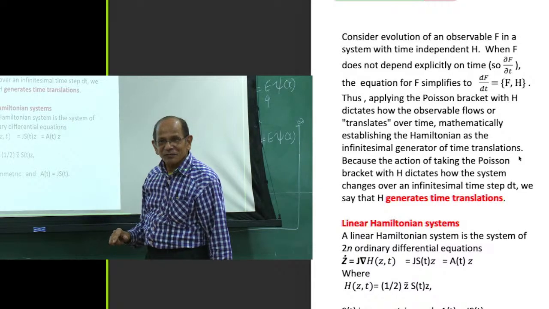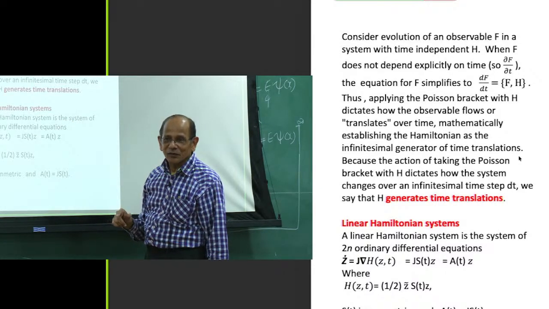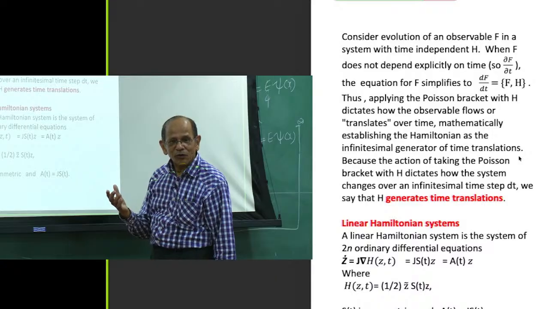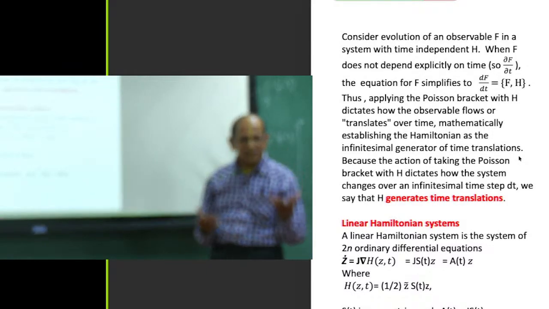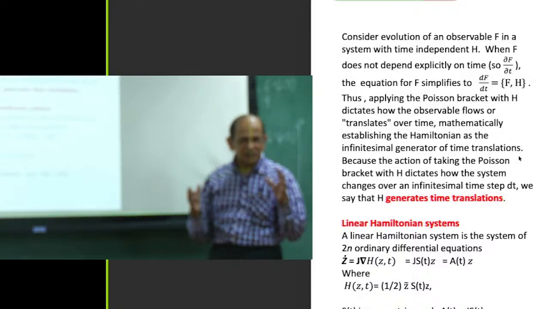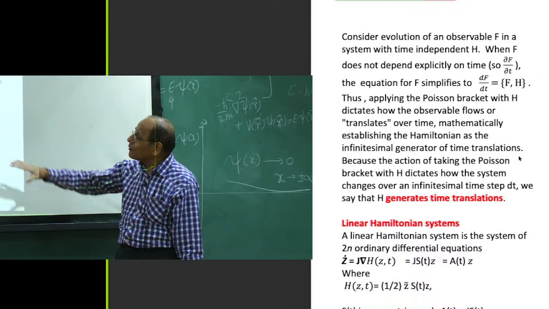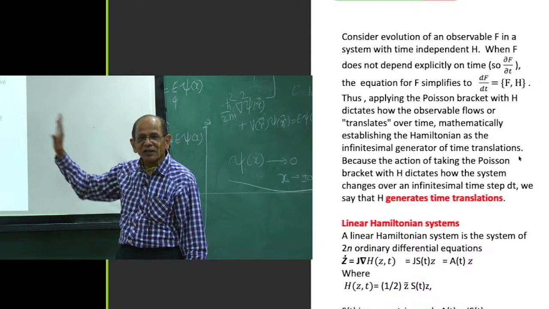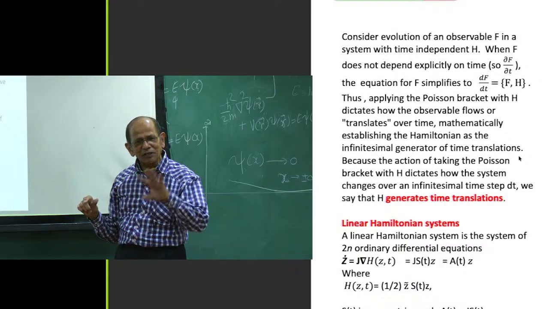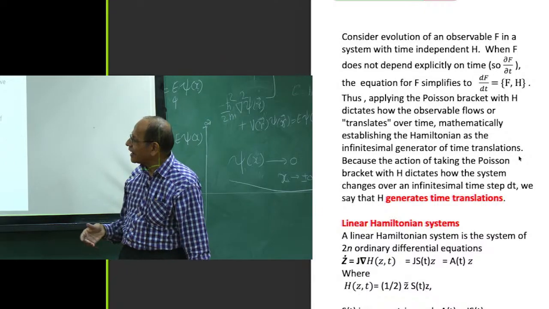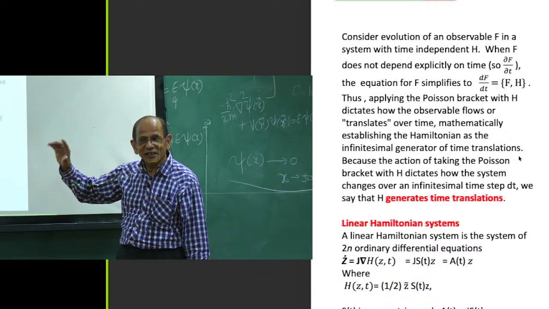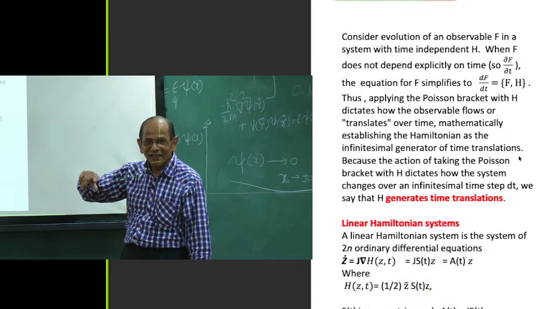Another simple thing is about linear Hamiltonian systems. I did not have time to talk about canonical transformations, the transformations which preserve the geometric structure of the phase space and Hamilton's equations of motion. What I will do is, instead of that, I will consider linear Hamiltonian systems and demonstrate everything in that, because that is what is simple. And the machinery for that we have already written down. Okay.